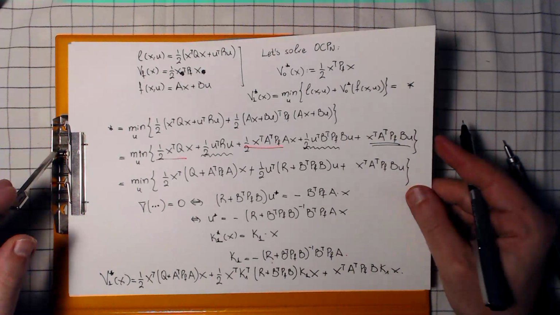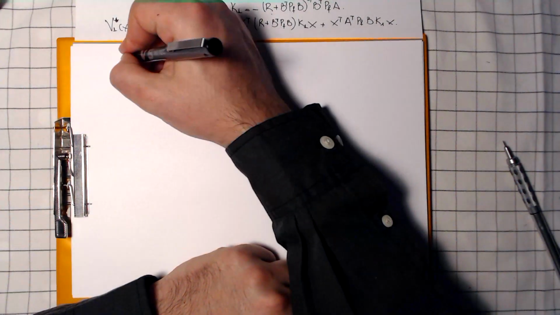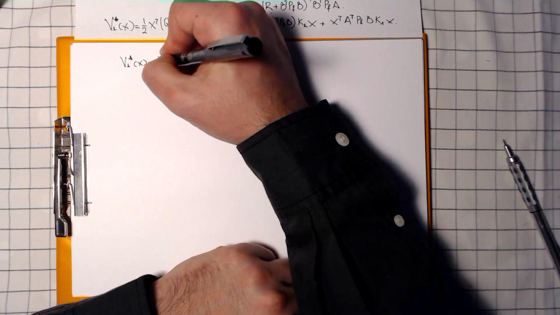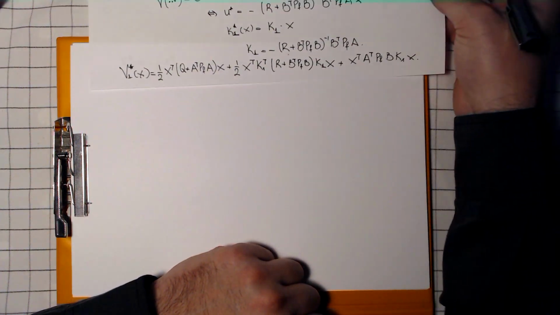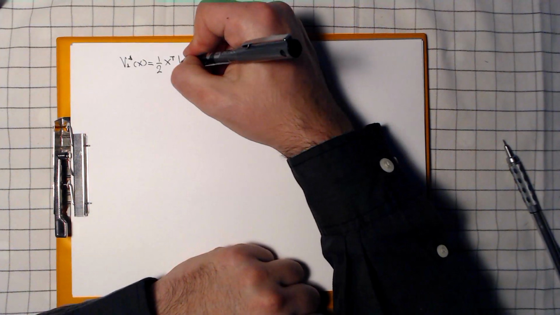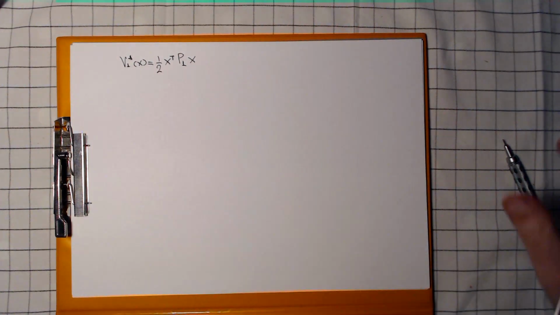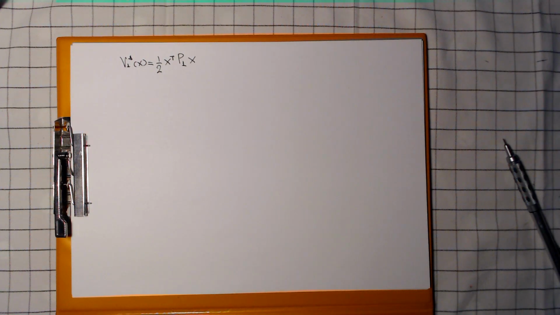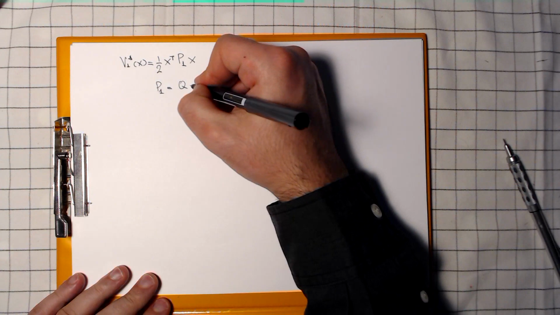And if you combine now all these terms, to save time, I will just write that V1 star of x is 1/2 x transpose P1 x. You can see clearly it is quadratic. Now, if you want to know what that matrix P1 is, that P1 is given by that.